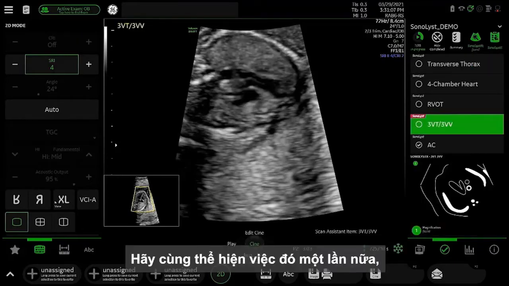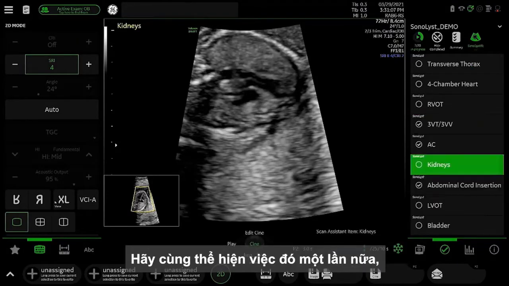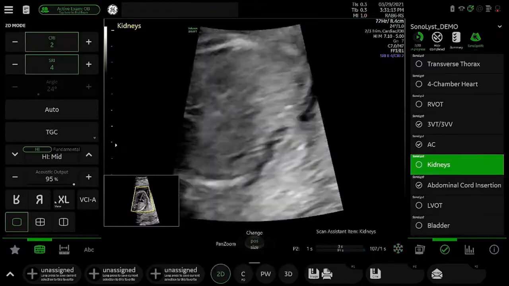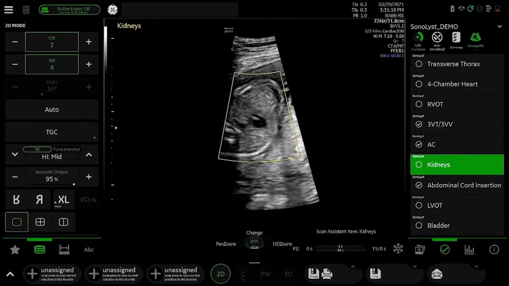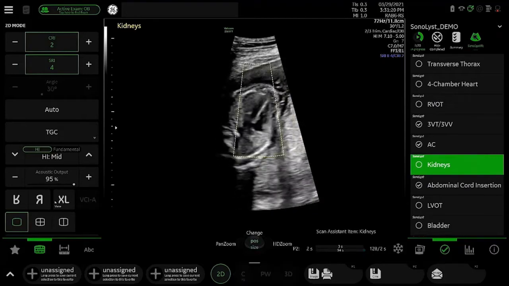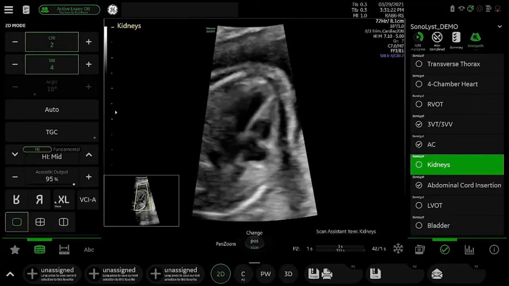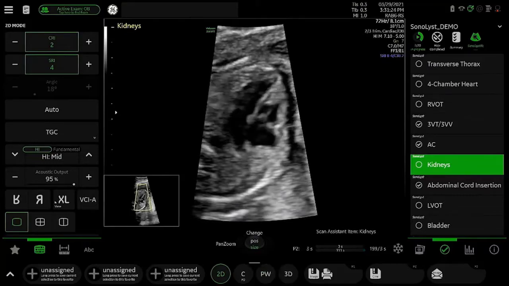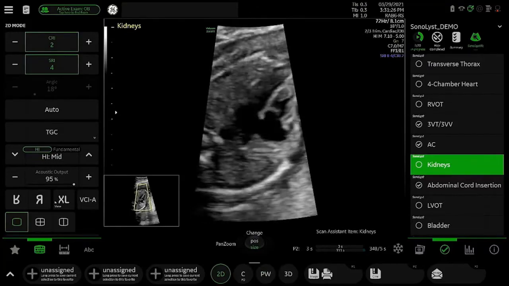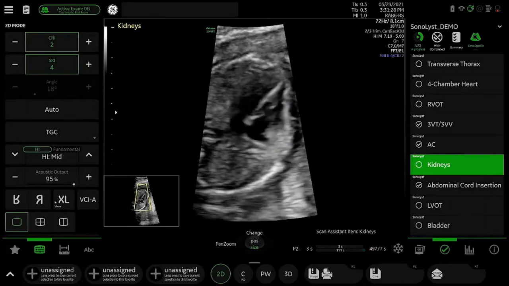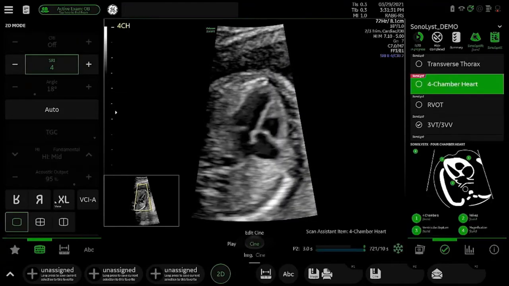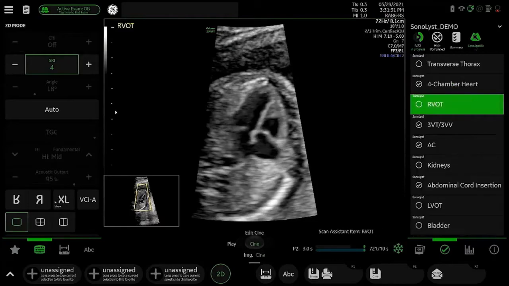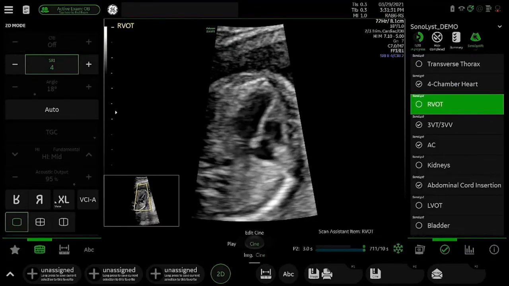Three vessel tracheal view, good. Perfect. I'll just show that again.